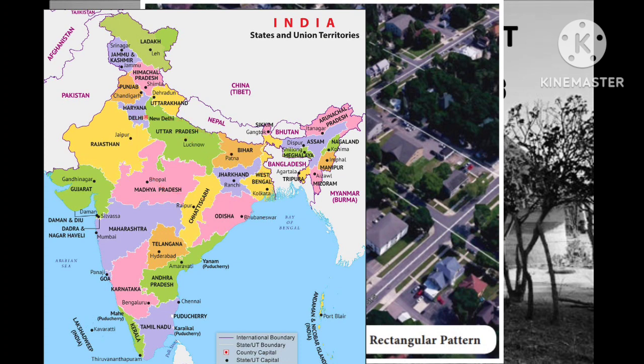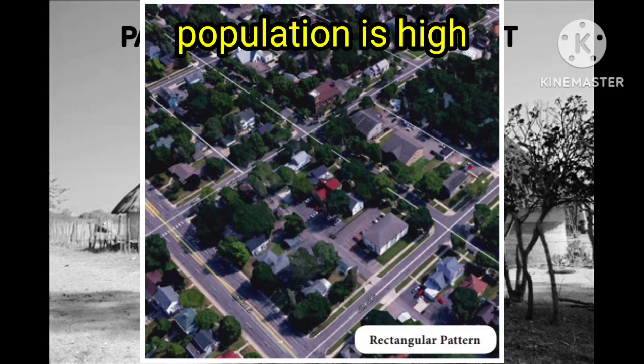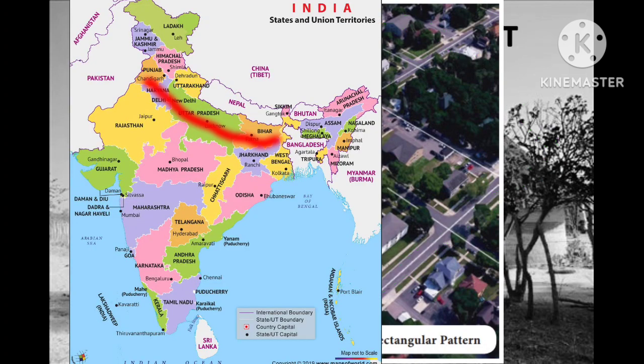The areas having this type of settlement have a high degree of clustering and high population density, and the shape of cultivated land is obviously rectangular. Mostly northern Indian villages have rectangular patterns dominated by caste groups. So similar caste groups stay together. Examples are the Ganga Yamuna Doab, where Doab means the land between two rivers, eastern Uttar Pradesh villages and western Bihar villages. There we can find this rectangular pattern.